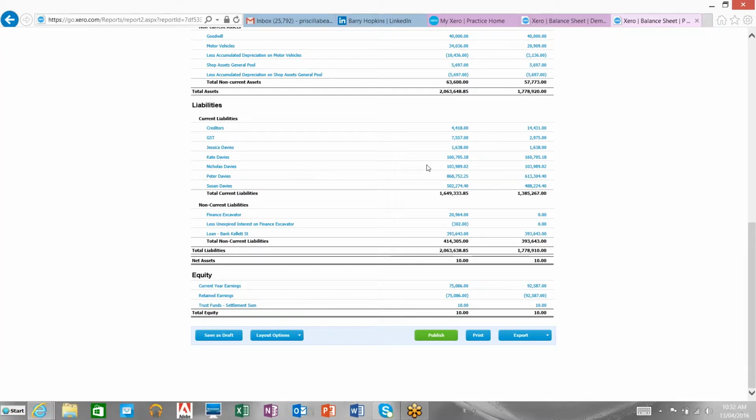Now, here, what I got here looks a bit strange to become a current liability, we can choose to make it current or non-current, but these are the beneficiaries' loans, how they accumulated over the years at the movement.